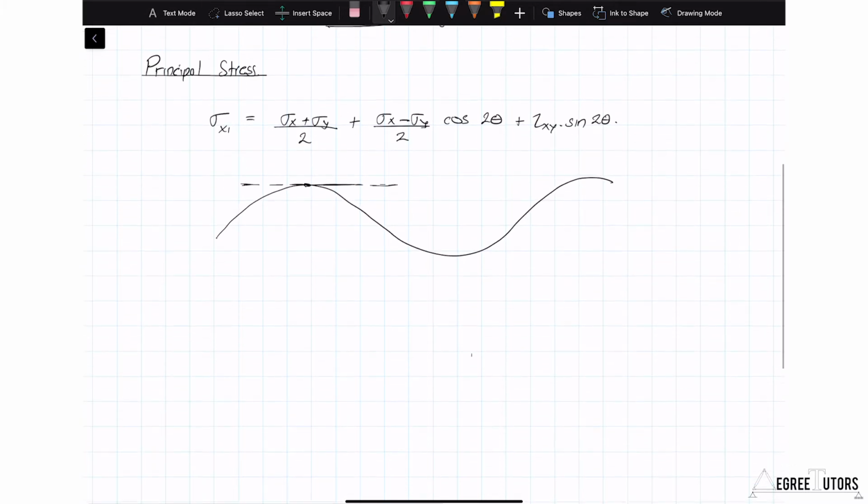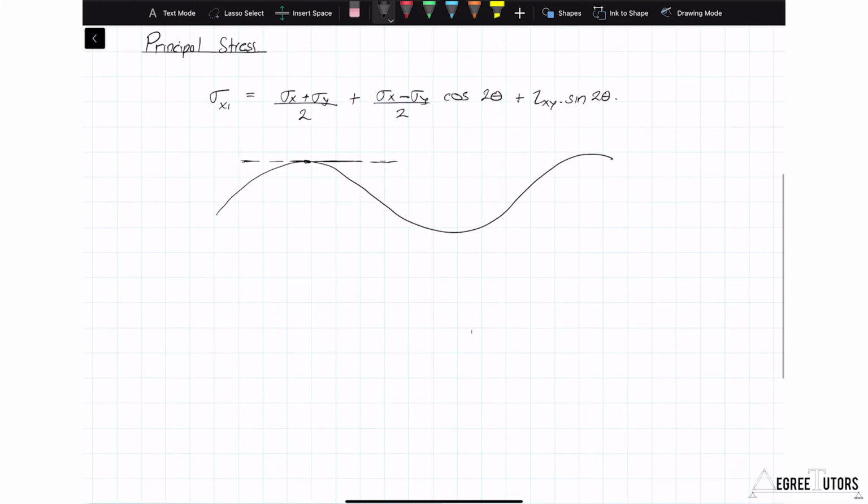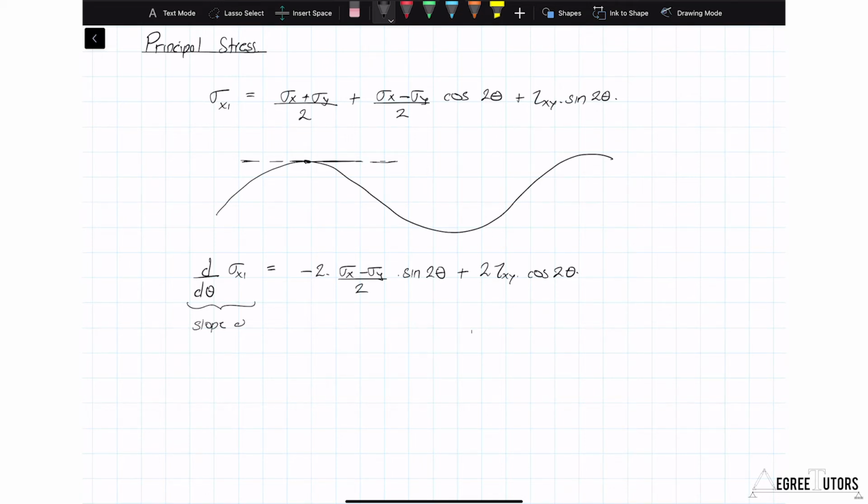And we use this little trick all over engineering and various different derivations. So the first thing I'm going to do is take d sigma x1 over d theta, which is just going to give me an expression that describes the slope of this equation. Straightforward enough differentiation here. Again, just to reinforce the point, this is the slope of the curve.